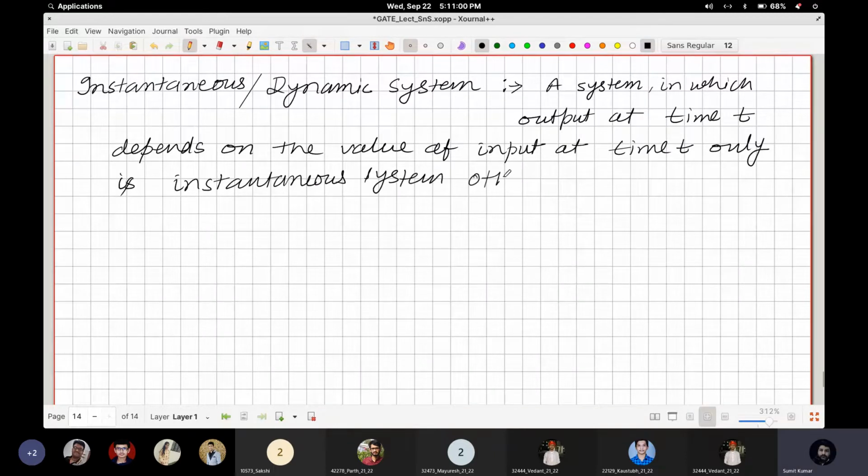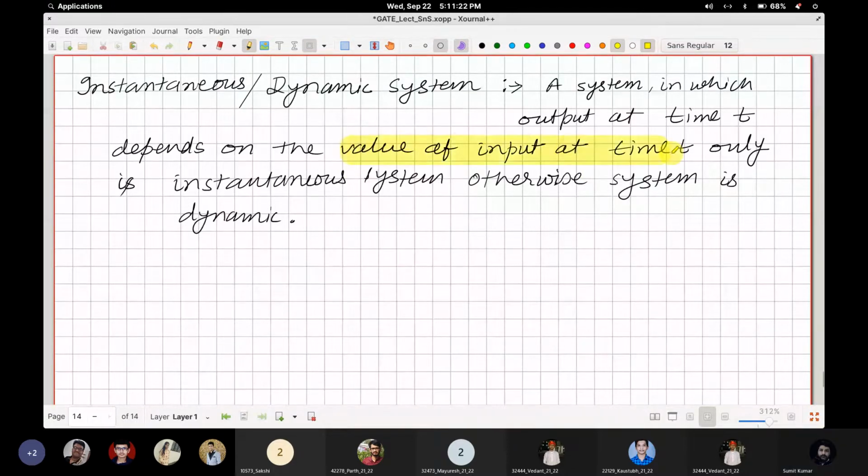Otherwise the system is dynamic. The highlight here is that the output should depend upon the present input only, and then the system is going to be instantaneous.